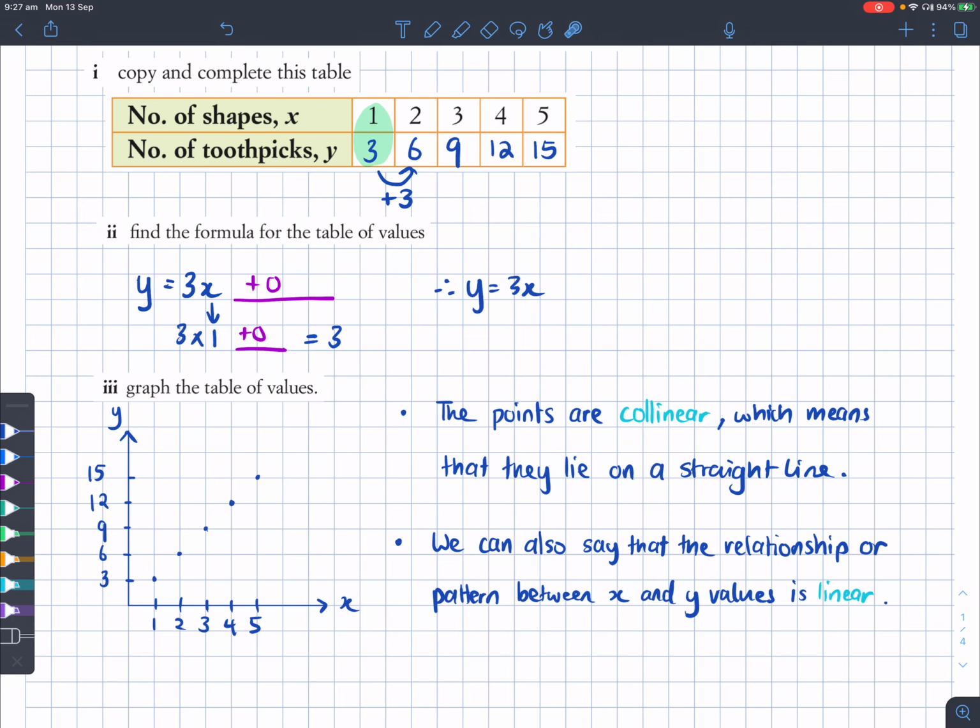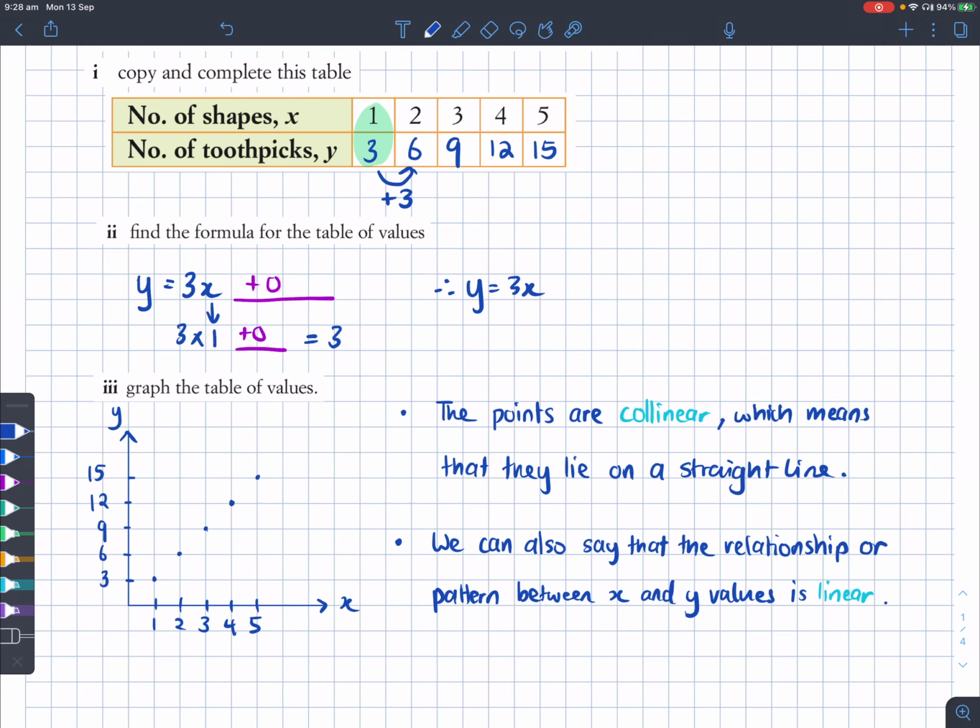Another way of saying this is that the relationship between x and y, or the pattern between x and y, is linear. Linear just means straight line. But if I had dots like this, that's not linear. So this one here is linear, the other one is not linear if it's a curve.